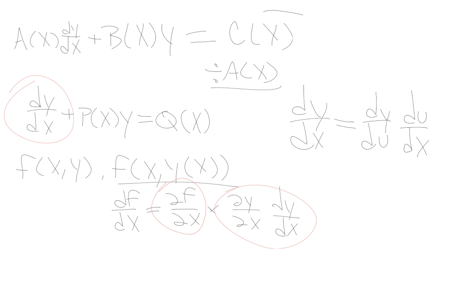So with that being said, if I multiplied all of this times dx, I would get df equals partial f with respect to x times dx plus partial f with respect to y times dy.